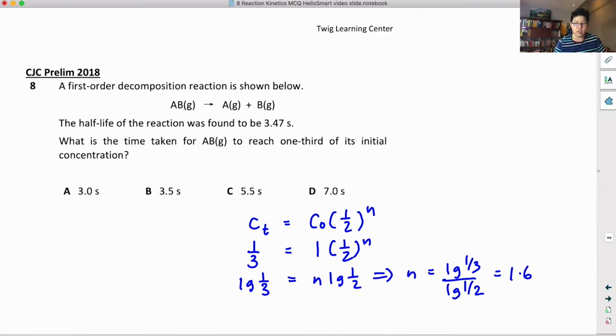The half-life of the reaction was found to be 3.47 seconds. So the time taken is equal to 1.6 times 3.47, which is about 5.5 seconds. So that's why the answer is C.